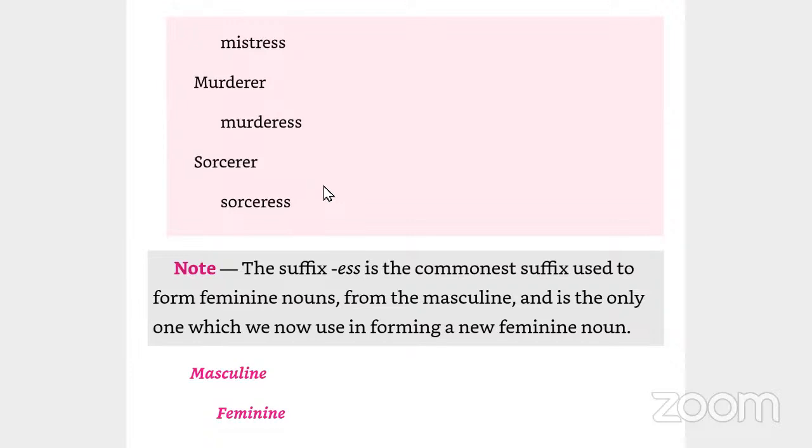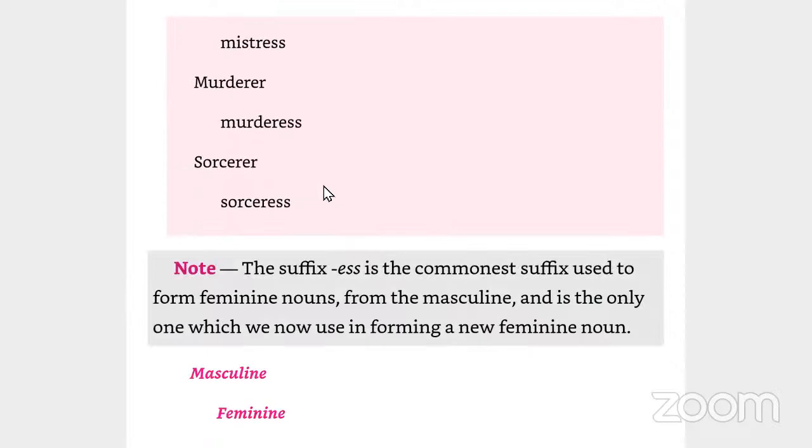Remember, the suffix ess is the commonest suffix used in the feminine, like mistress, murderess. To form feminine nouns from masculine ones, it is the only suffix we now use for forming a new feminine noun.